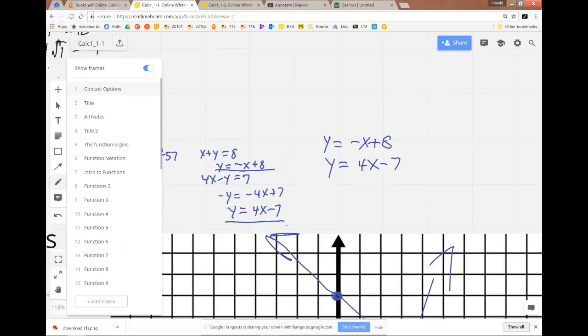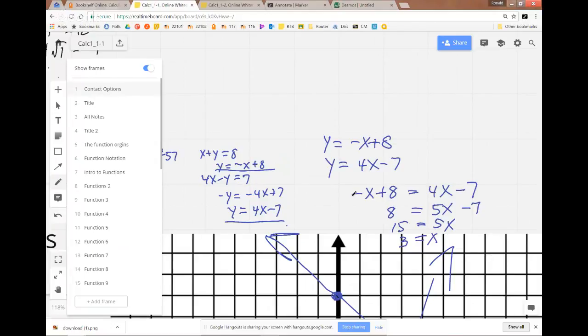Since they're both equal to y, we can set them equal to each other. And then we can solve for x: add x to both sides, and add 7 to both sides. And then we can see that x equals 3. And then you can substitute back in to get y.